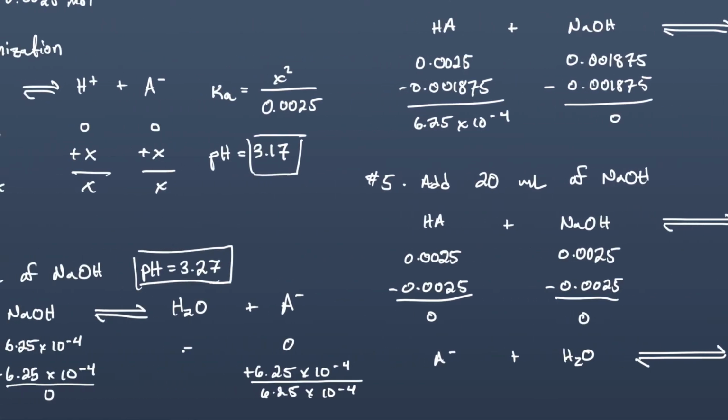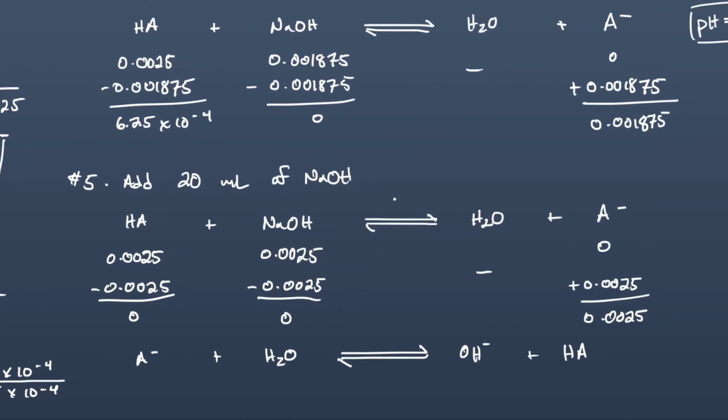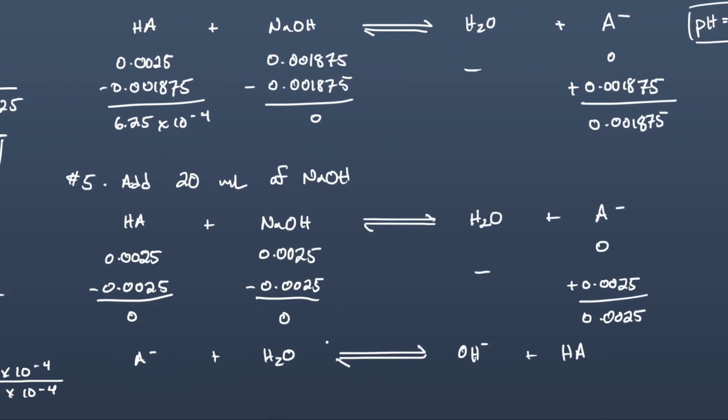Just like we did here for the self-ionization process, we come back to the self-ionization process, but it's just reversed, because both of these were driven to completion, and this is now the only thing that exists in our solution.